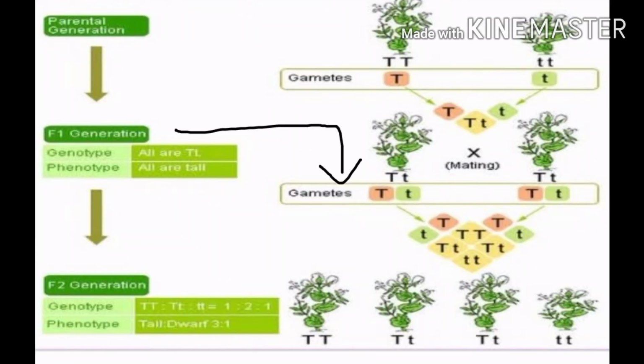In this figure, you will see that when a tall plant is crossing with a pure small plant, then they are producing the offspring in which all the plants are tall. This is called F1 generation.